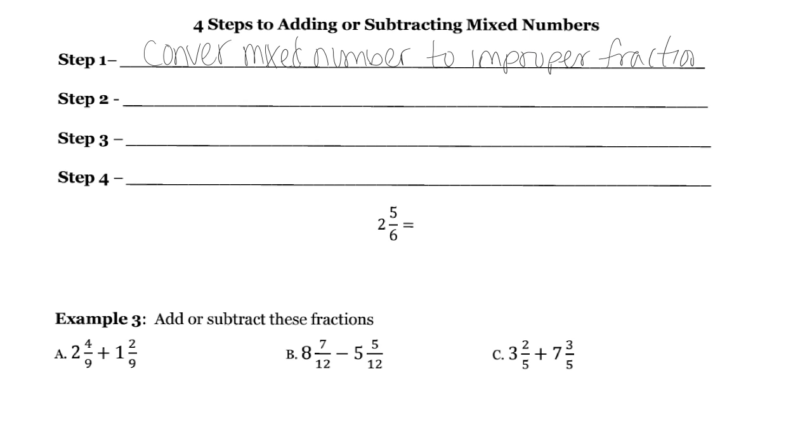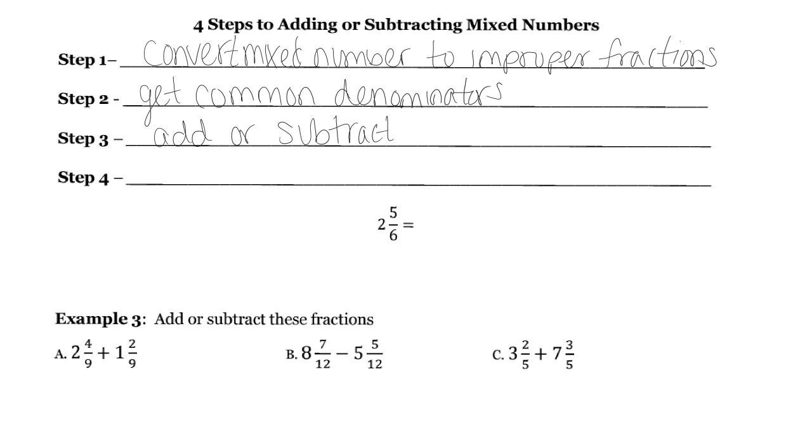Besides that, all of the steps are the same. So hopefully you remember the steps. First step, get common denominators. Then add or subtract the numerators. And then simplify.